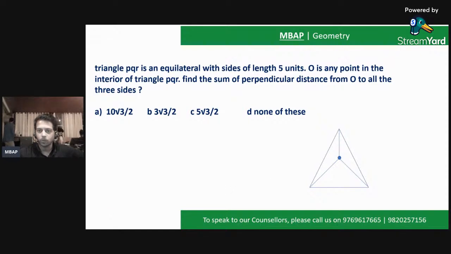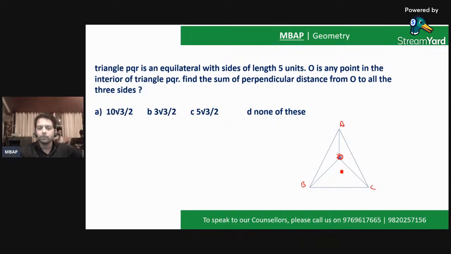So this is my point O, and OA, OB, and OC. See, the length of OA or OB or OC will be dependent on the position of point O. If let's say point O is here, then possibly OA will be more, OB is shorter, and OC is also shorter, right?